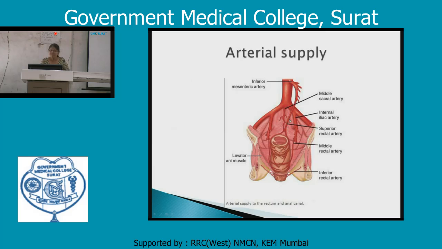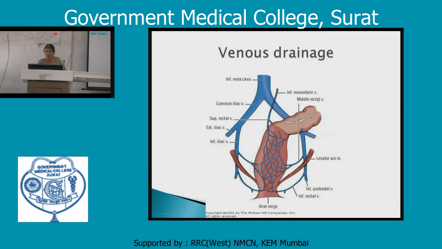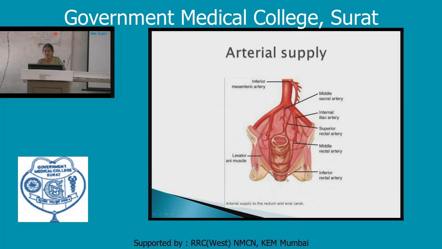What is the venous drainage of the rectum? Venous drainage is also by the superior rectal vein, middle rectal vein, and even the inferior rectal vein, which drains the anal canal. Here again, in the artery diagram you can see this is the inferior rectal artery. It supplies the lower part of the anal canal.